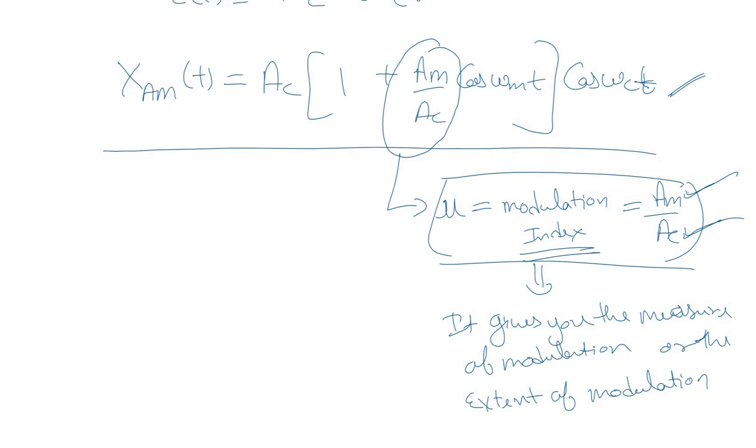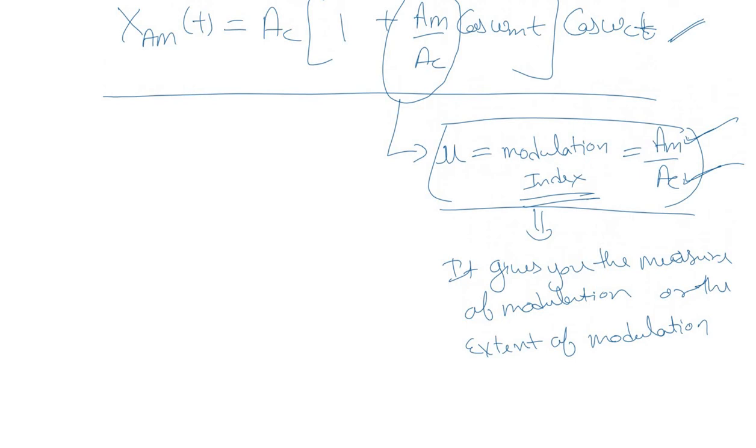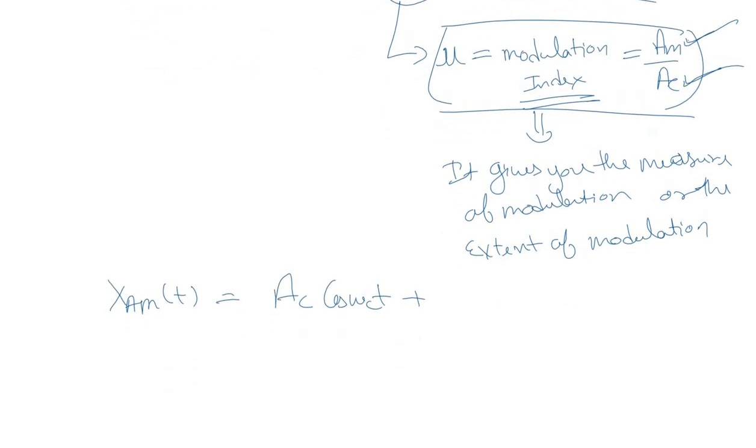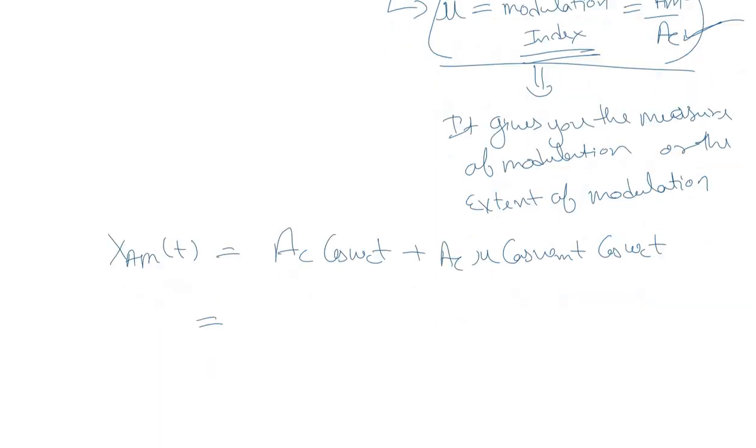Alright. So now let us further simplify this expression of the AM signal a bit. We get AC cos omega_c t plus AC mu cos omega_m t cos omega_c t. Right? Let us apply the trigonometric identities.